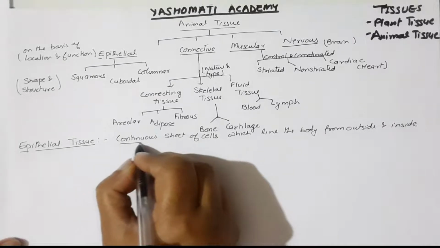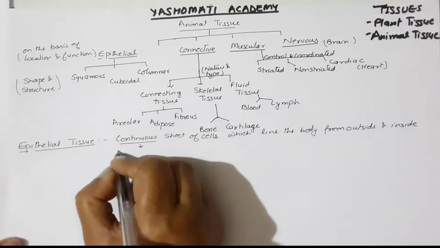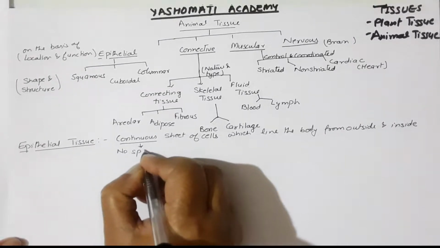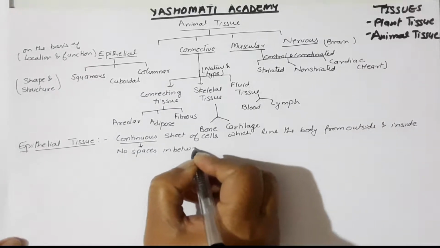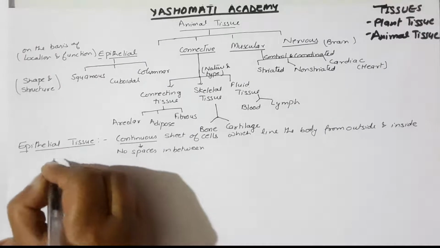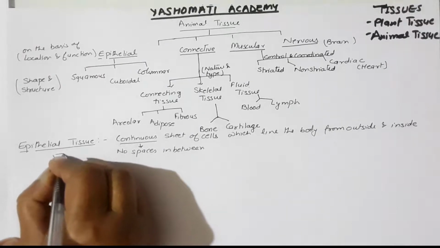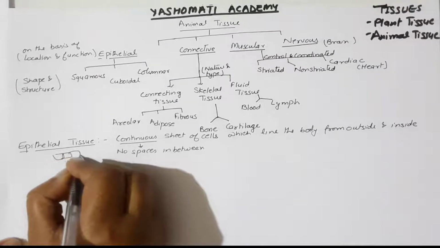Continuous means that there are no spaces in between. That means cells are joined end to end.